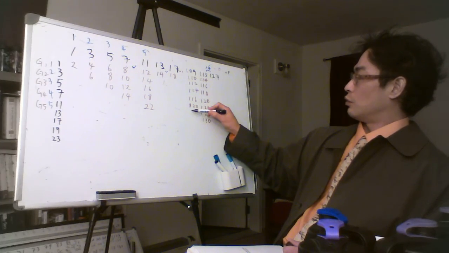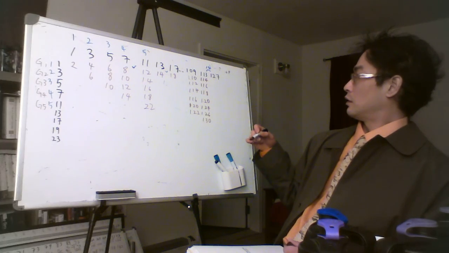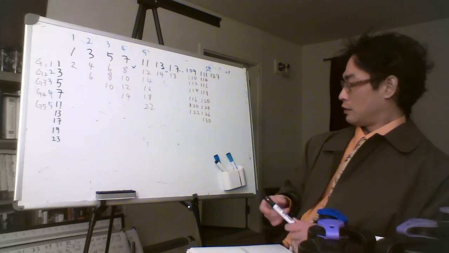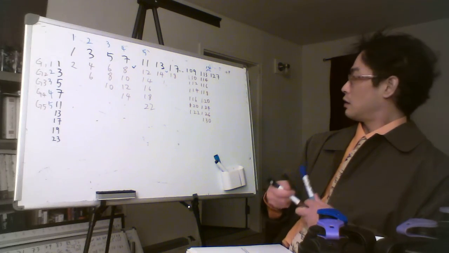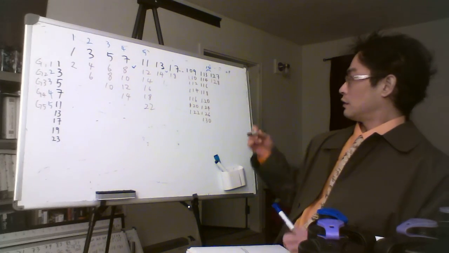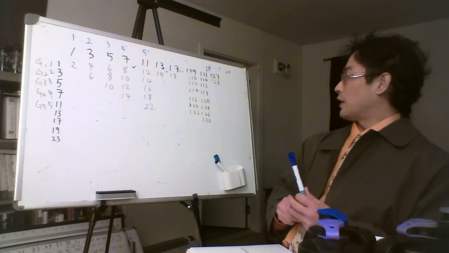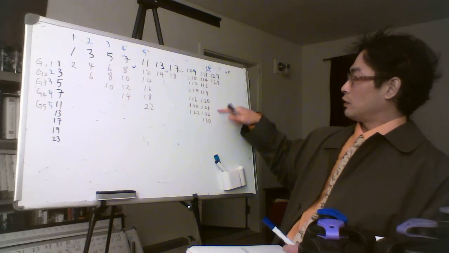And then add 2, 1 to 2, right? Very good. So, 128. So we identified all the gap fillers, right? 116, 118, 120, 122, 124, 126.